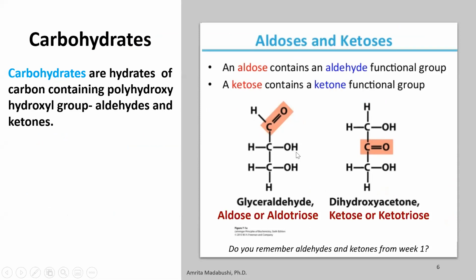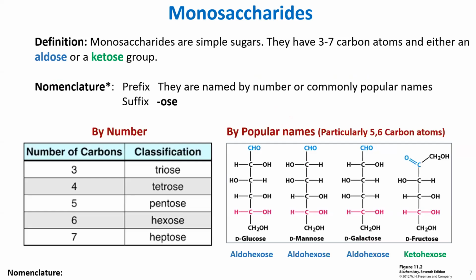It is a polyhydroxy, which means poly is many and hydroxy is these groups. Some of these can look very similar, but they have some differences. To explore that, first of all, we need to know the numbering system: 3 is triose, 4 is tetrose, and 5 is pentose.